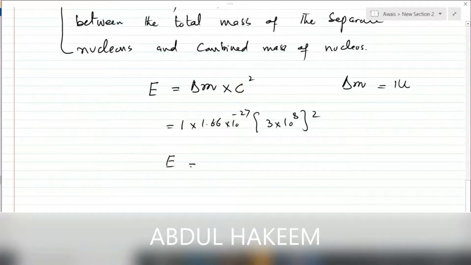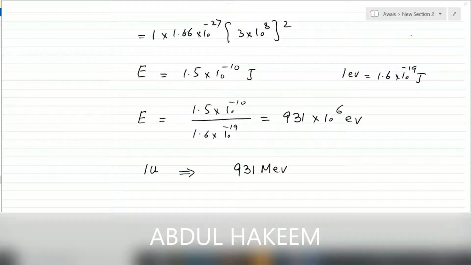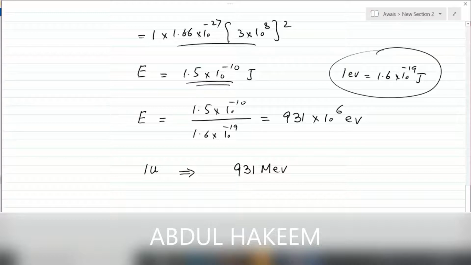So we will calculate the energy. Energy produced by 1 U mass deficit: the multiplication of this is 1.5 into 10 power minus 10 joule, but 1 electron volt is equal to this. So when divided by this, we will get this answer. So 1 U mass deficit will give you 931 mega electron volt energy.